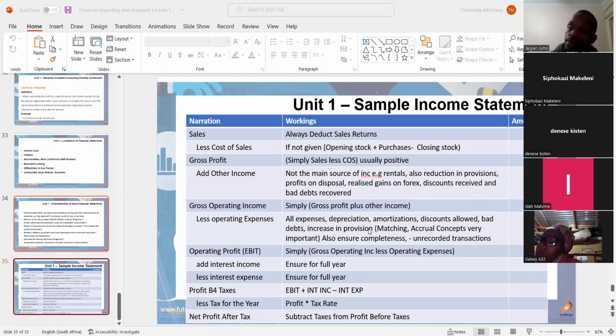It's called a statement of comprehensive income, or an income statement, or a profit and loss account. We are just trying to say, how much profit did we make? For you to calculate how much profit was made, you need to know what the income of the organization was and what the expenses of the organization were. Once you know those two things, you can calculate the profit.